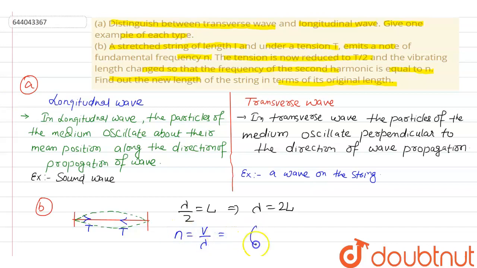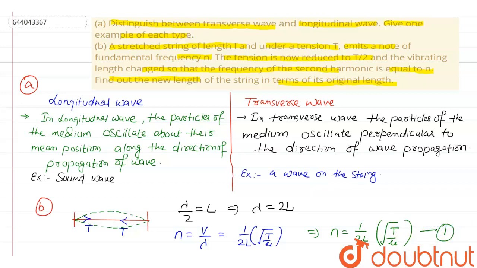Wave speed is square root of T by mu, and the wavelength is 2L. So in the fundamental mode of vibration of the original string, the frequency is N equal to 1 by 2L root under T by mu. Note it as equation 1.